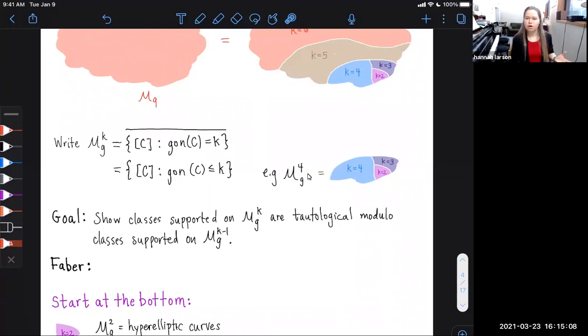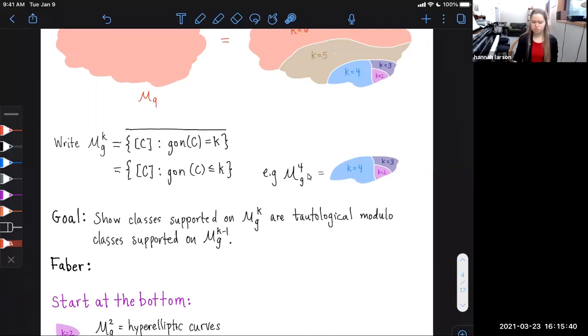And now our goal is to show that all the classes supported on M_g^k are tautological modulo classes supported on M_g^(k-1). If we do that for all k, then we'll know that all classes on M_g are tautological. Now, it might sound like I haven't done that much yet, but this is actually quite helpful because it breaks up our problem into some more manageable size pieces.